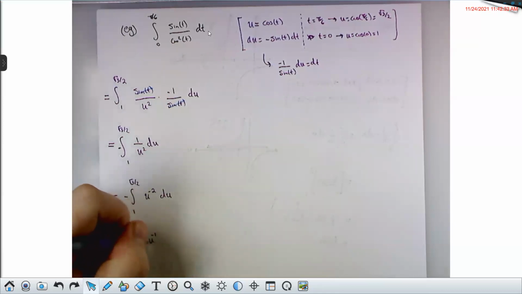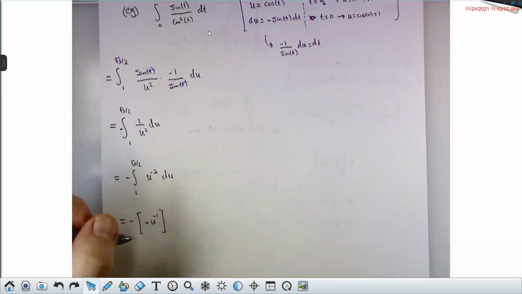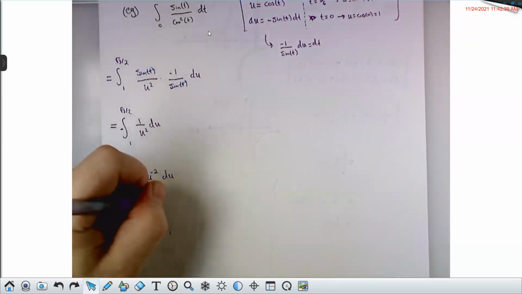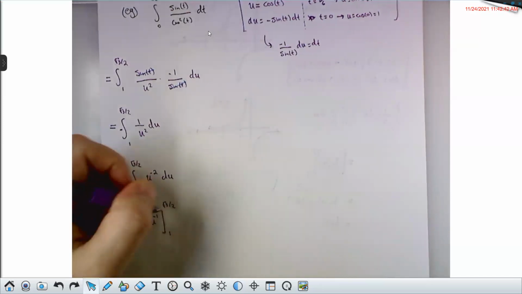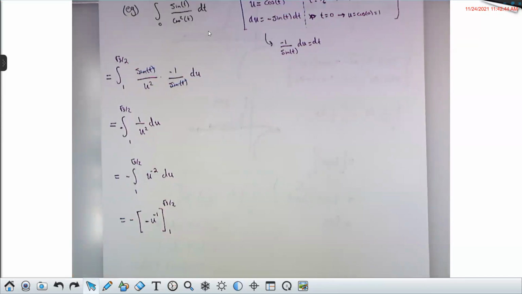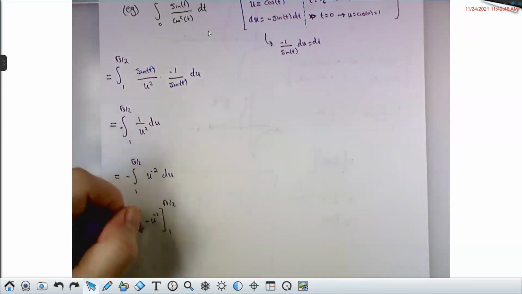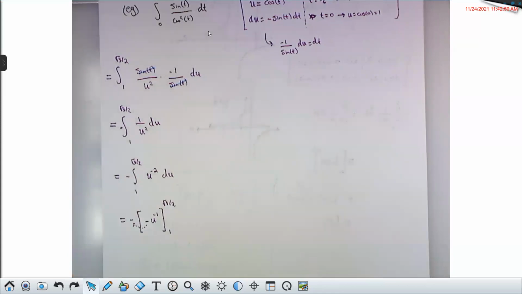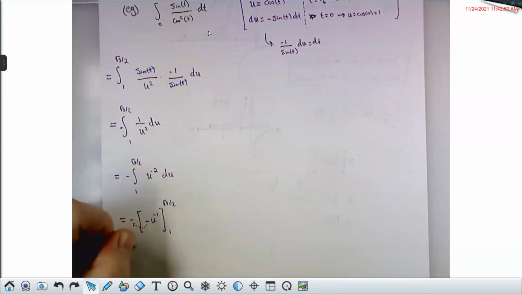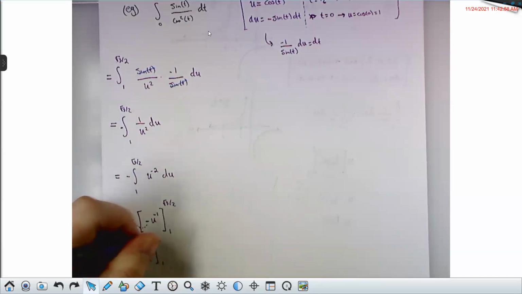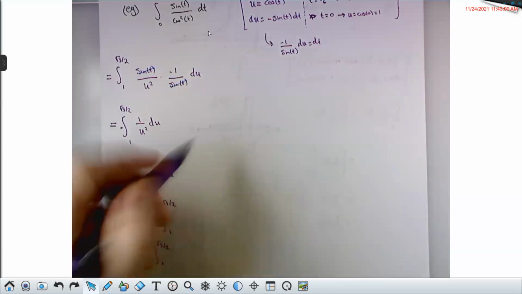And we divide by that new power, but dividing by negative 1 is the same as multiplying by negative 1. And this negative can come out. So this is just u to the -1, or 1 over u, evaluated between bounds 1 and the square root of 3 over 2.